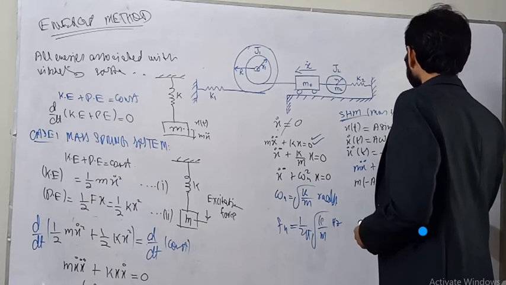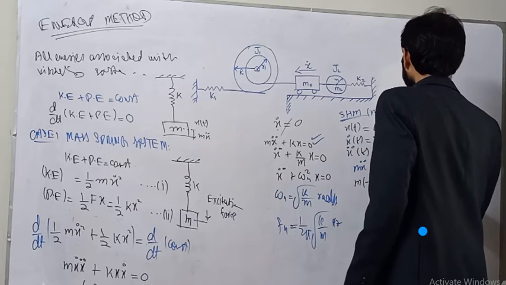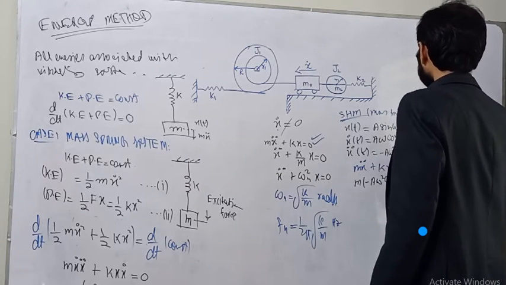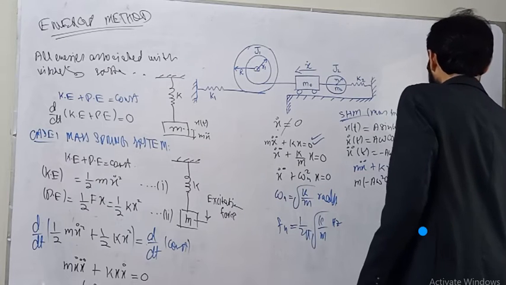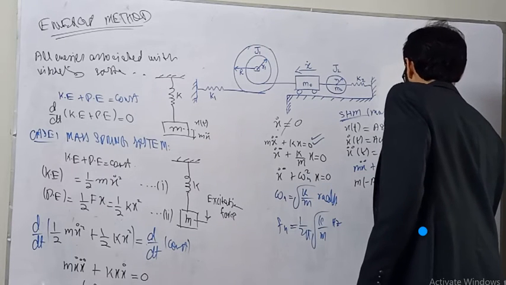Sorry, this was the cos omega t, A omega cos omega t, because the derivative of sin omega t is cos omega t. Again the derivative of cos is minus sin omega t.